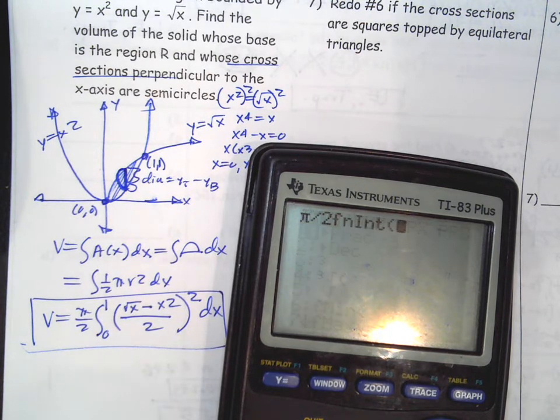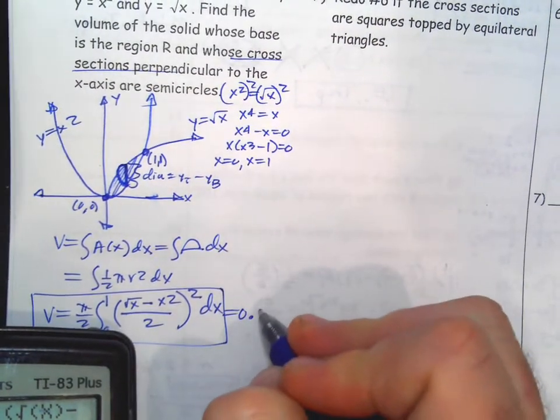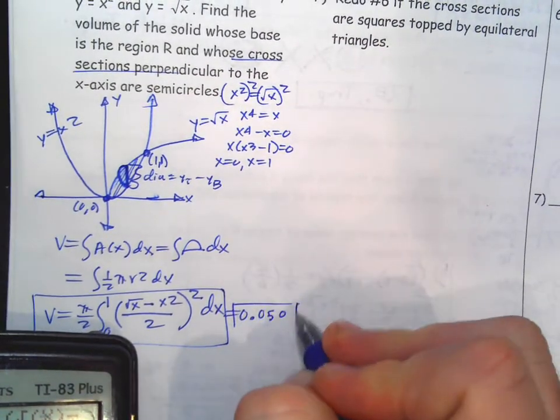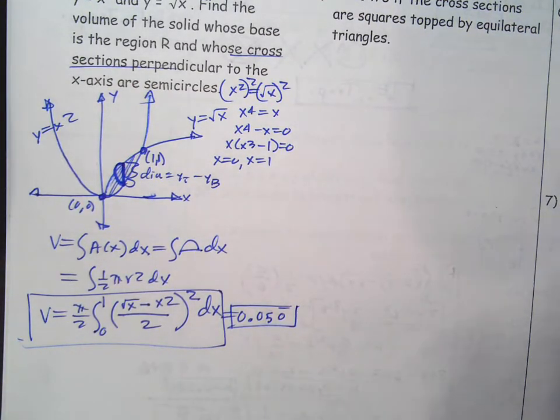Math 9, need parentheses, square root of x minus x squared, close parentheses, divided by 2, close parentheses around the whole fraction, square it, comma x, comma 0, comma 1, and we get 0.050. If you want to see the work by hand, you can look at my solutions online.